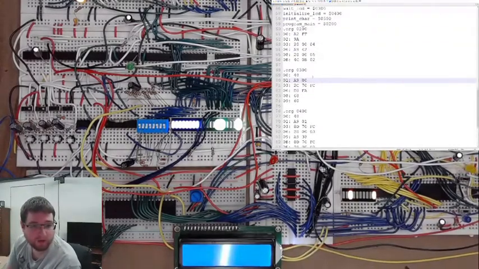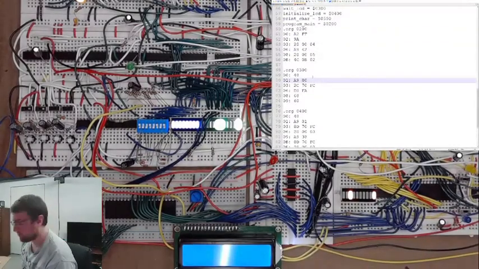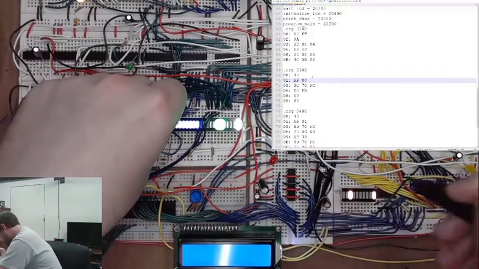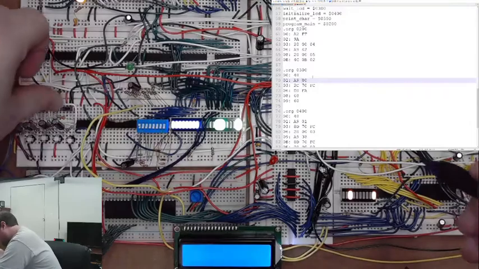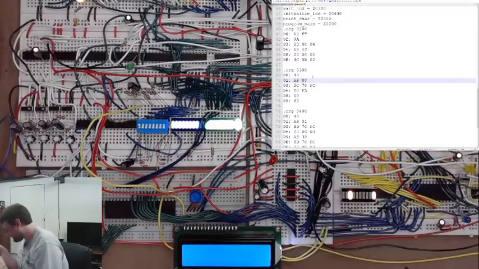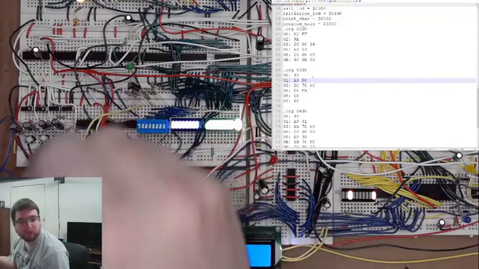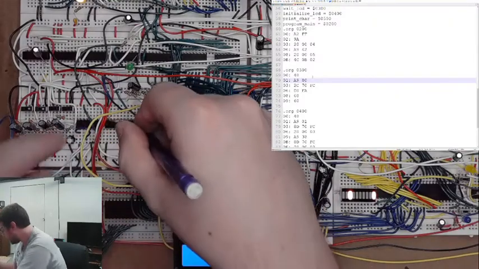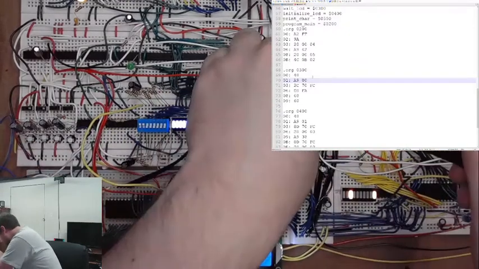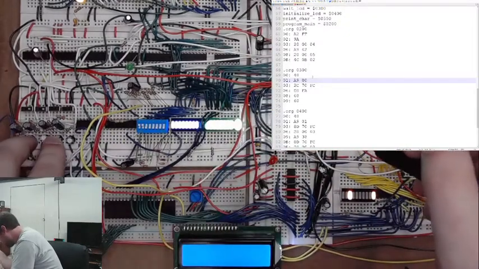Let me go check on 30. Everything's disabled at the moment. Good. Do this. Okay. So 30. Enable this. We do the same.